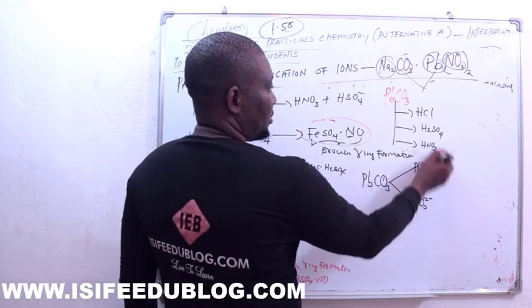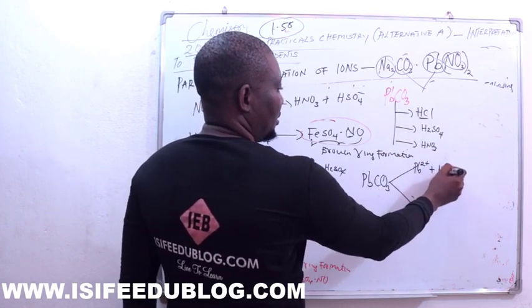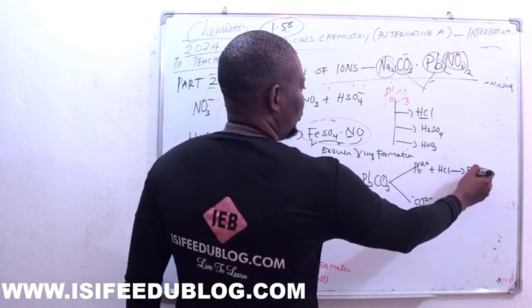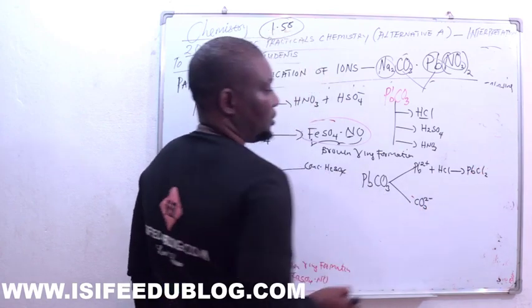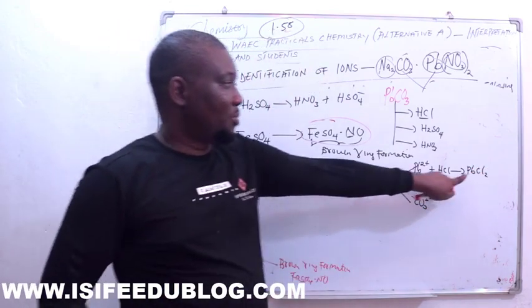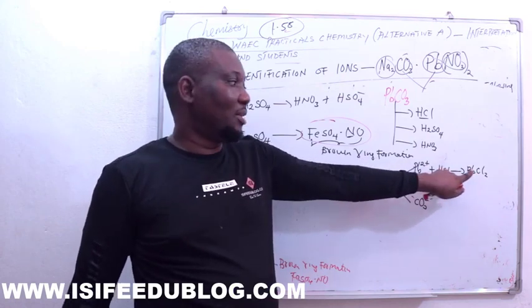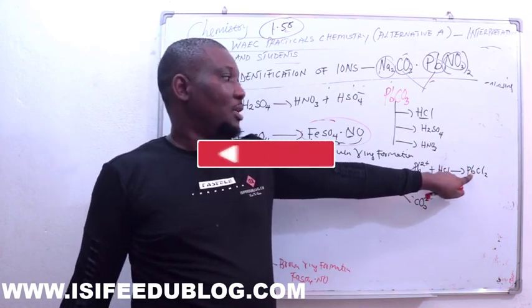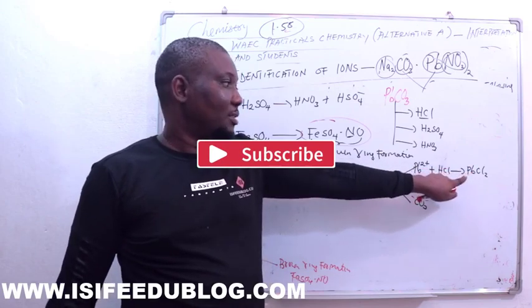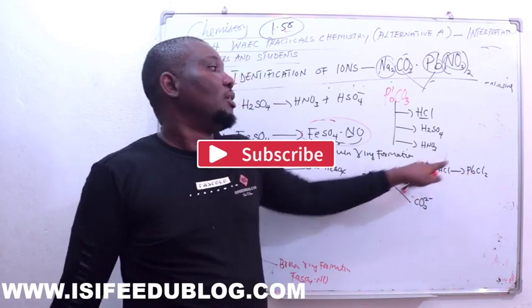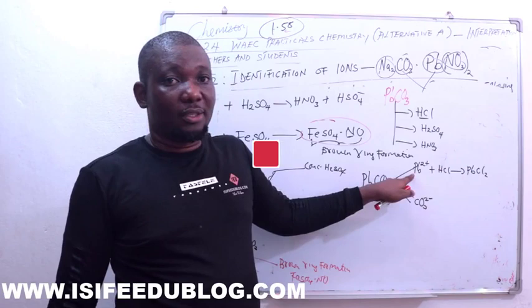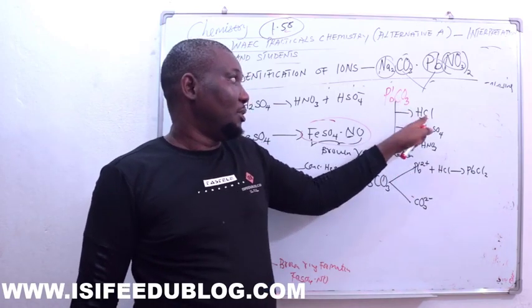If lead goes with HCl, lead will not dissolve because of the formation of lead(II) chloride, which is insoluble. This is based on the principle that all chlorides are soluble except those of lead, mercury(I), and silver. So this acid is not dissolving it, and you cannot use it to dissolve it.